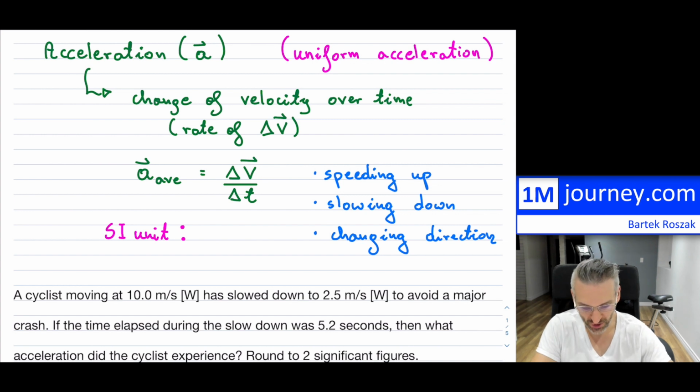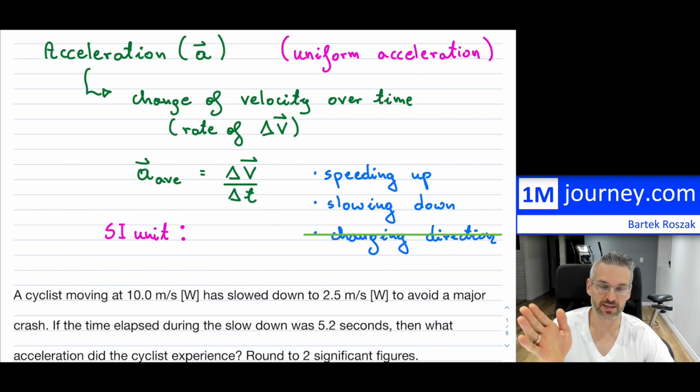Maybe I will avoid changing directions in this video because it's an introductory acceleration concept. I just want to focus first on one-dimensional movement, so speeding up or slowing down, and then relating it back to the displacements and also the velocities that you're carrying through.